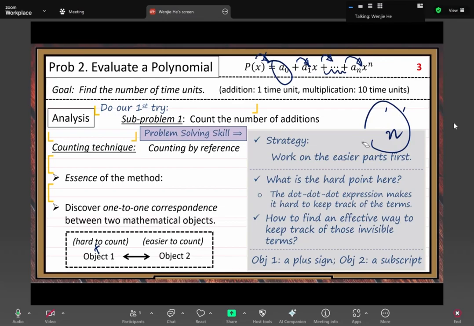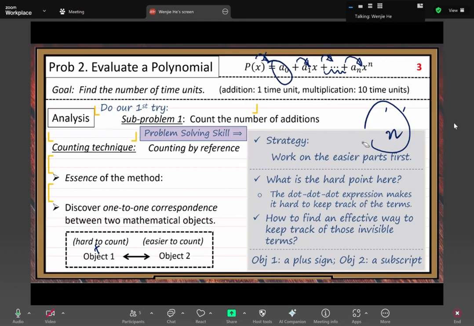Our current method is the brute force, straightforward method. We didn't use any special technique, we just do it directly. So by the brute force method, we counted the number of additions. That's what we did last time.